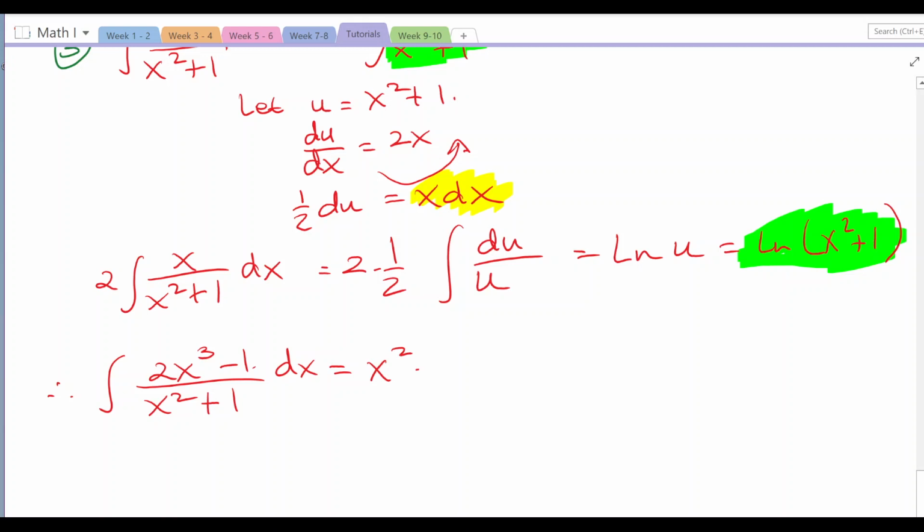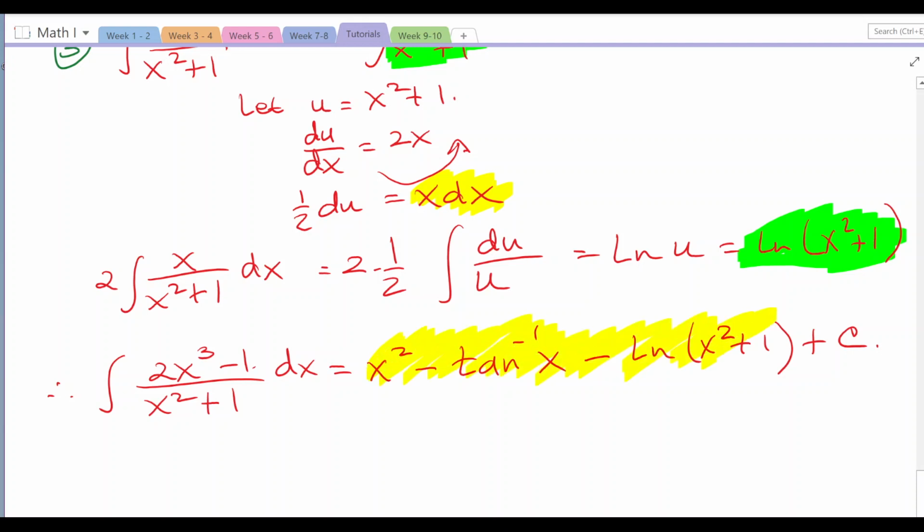Don't forget the sign is negative. Negative inverse tan of x, and then also another negative of ln of x square plus 1, plus c, and that is the final answer for this problem.